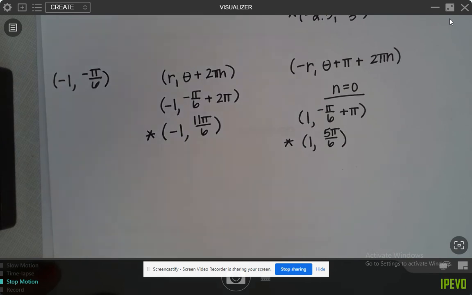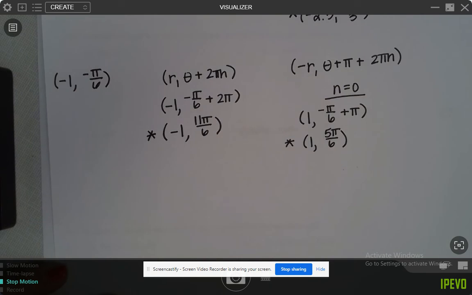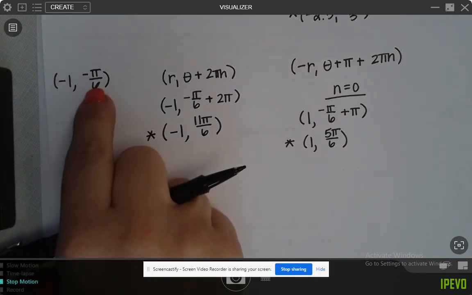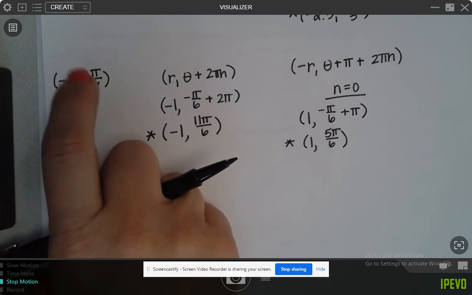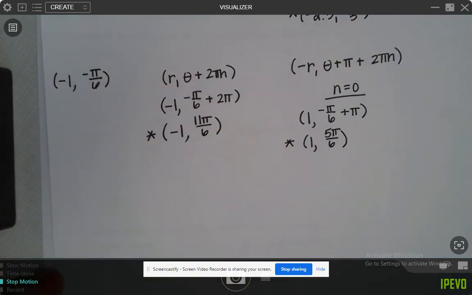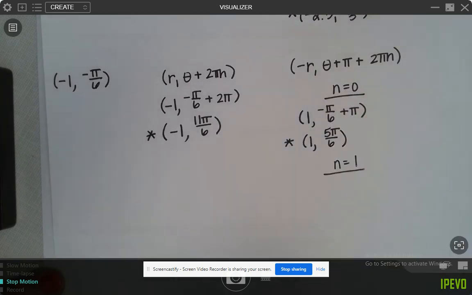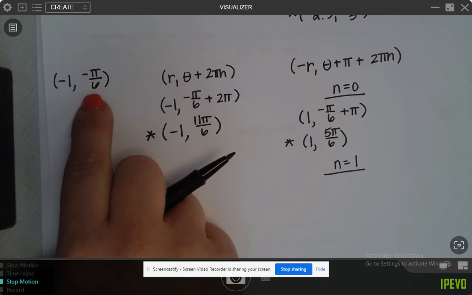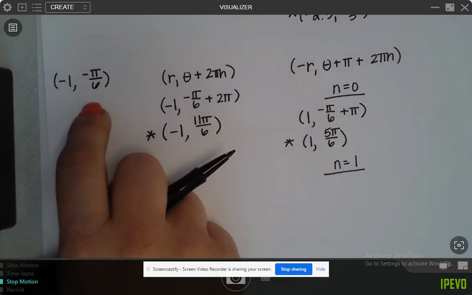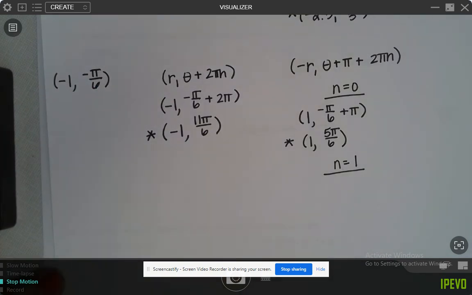Now tell me, are we going to do +1 or -1? Why? Now, if you subtract 2 pi, are you past your 2 pi limit? Remember, if it's negative, you always want to make it positive. So you're going to do n equals +1, because if you subtract 2 pi, you're past 2 pi, because that'd be -13 pi over 6, which is outside your range.